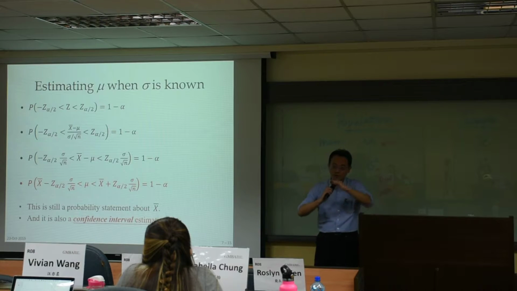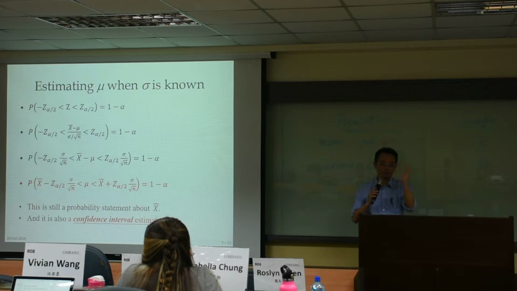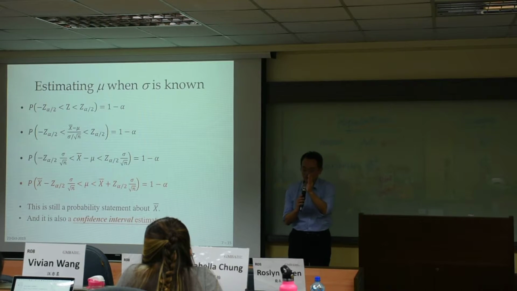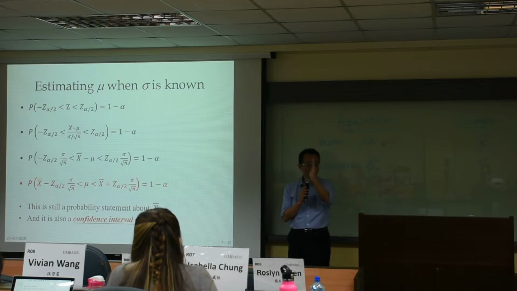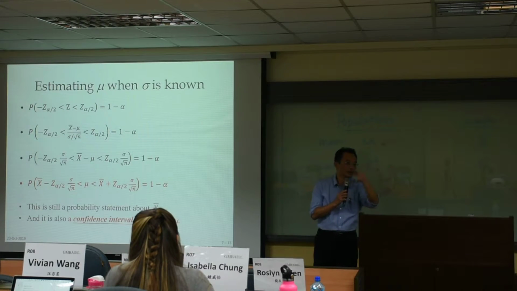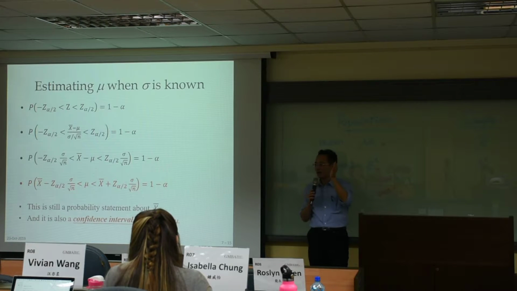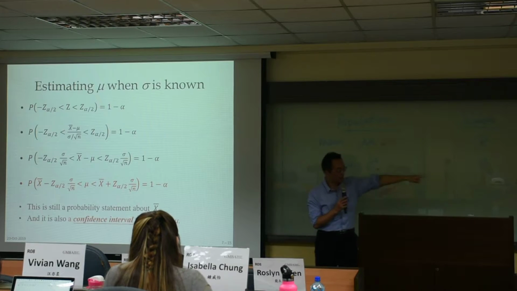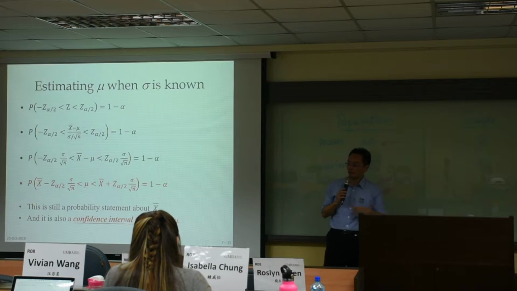So we have to create an interval, a confidence interval, so that we have a better understanding about the possible location, the possible position of mu, right? But since the point estimate, our starting point x bar, varies, it's highly likely that we will miss the actual mu, and the probability is 1 minus alpha.